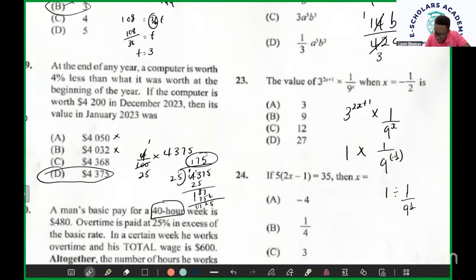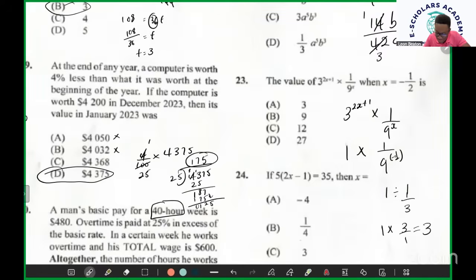The thing is, 9 raised to the half power is the same as the square root of 9, which is 3. So this is 1 divided by this, the same as 1 multiplied by 3 over 1, which is equal to 3. This whole piece here is equal to 3.